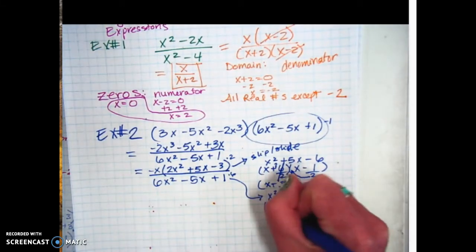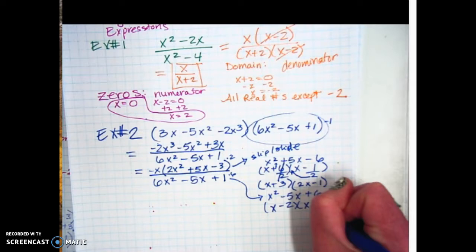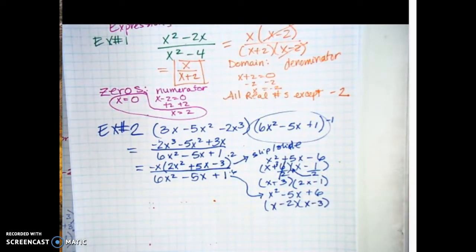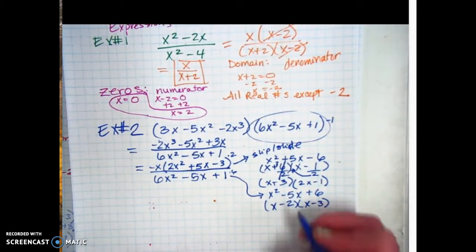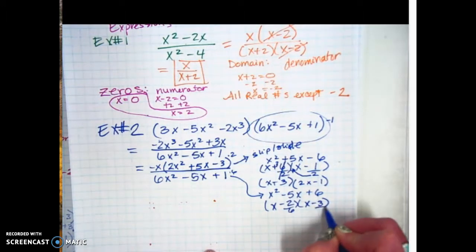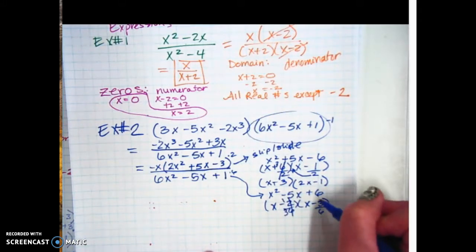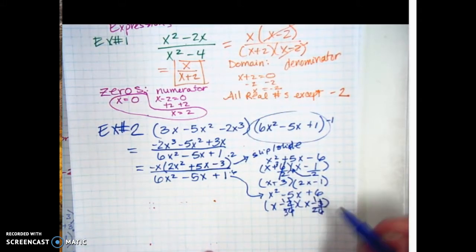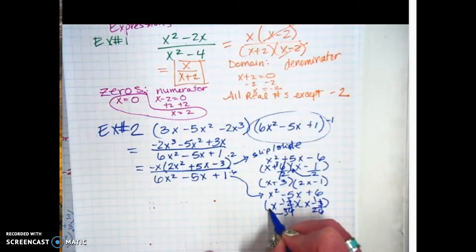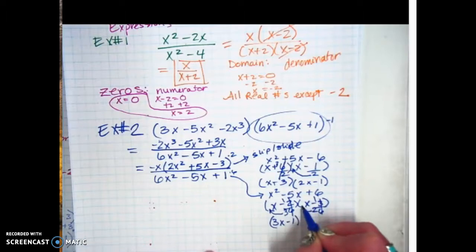Negative 2 and negative 3, so x minus 2, x minus 3. And we multiplied by 6, so we have to divide by 6, divide by 6. This one reduces to 1/3. This one reduces to 1/2. So this one, when we slide over the 3, is 3x minus 1. This one, when we slide over the 2, is 2x minus 1.